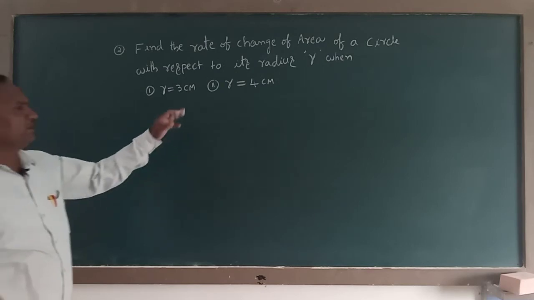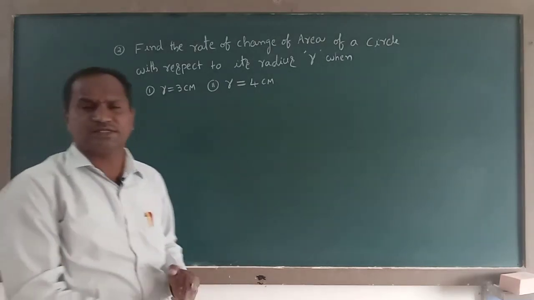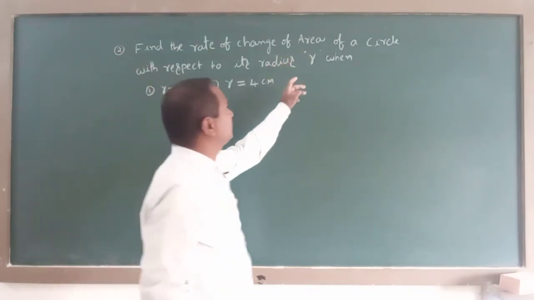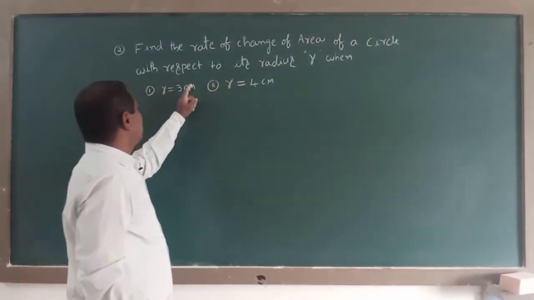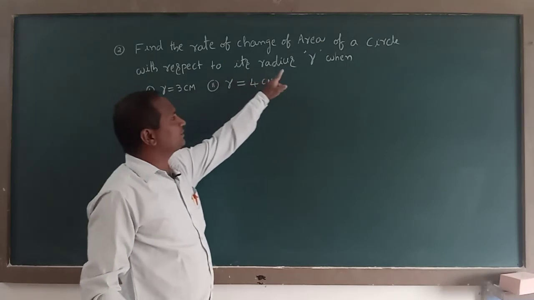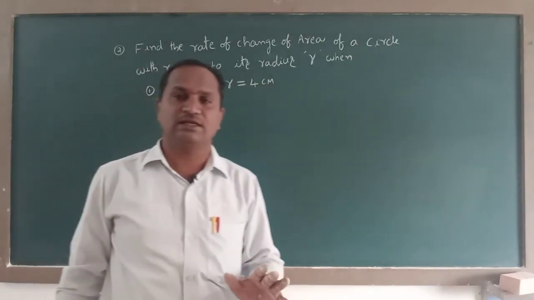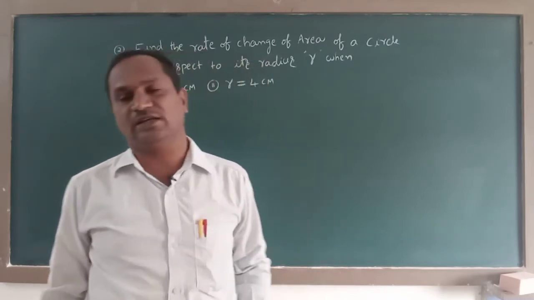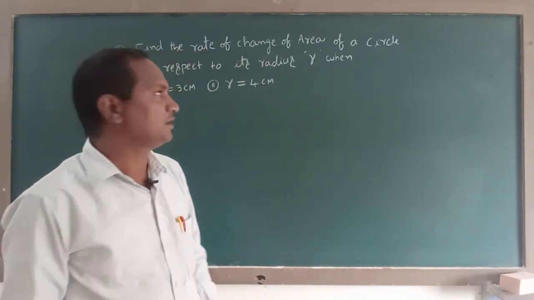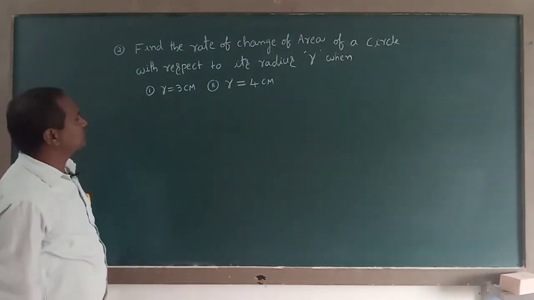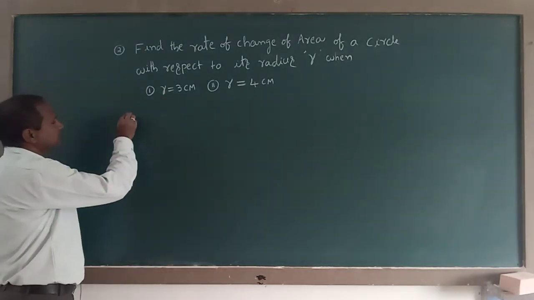Directly they mentioned here, because they did not give centimeter per second or centimeter per minute. Directly they asked in the question, we have to find the rate of change of area with respect to radius. With respect to radius, the unit finally becomes centimeter square per centimeter. First question, let us now give the solution for the first question.